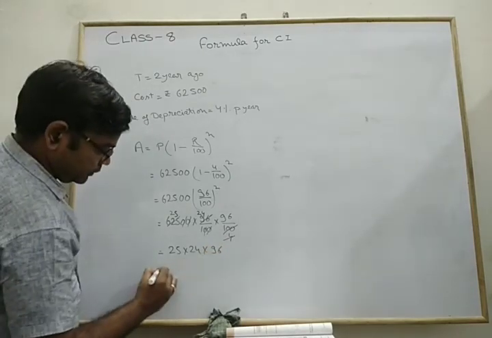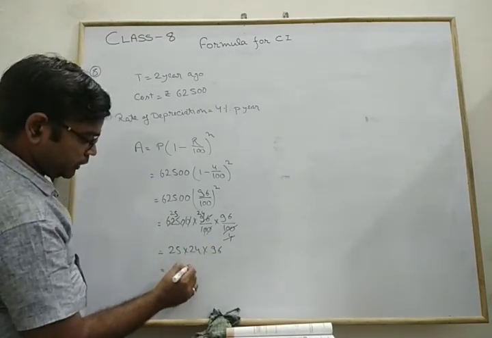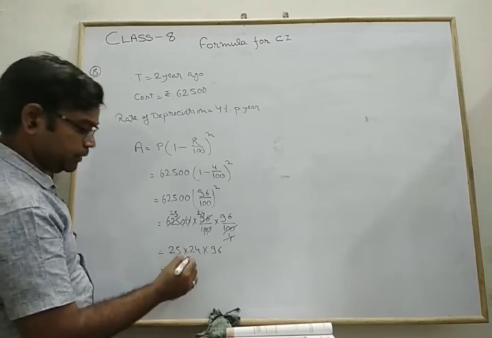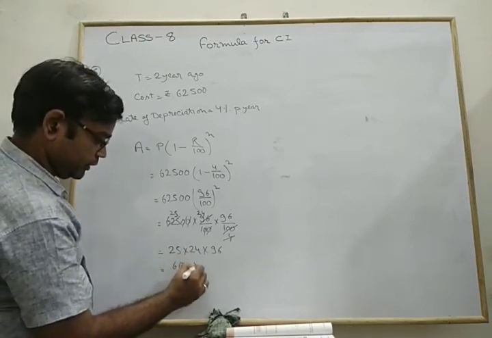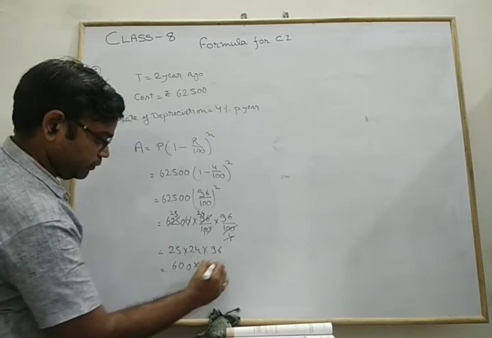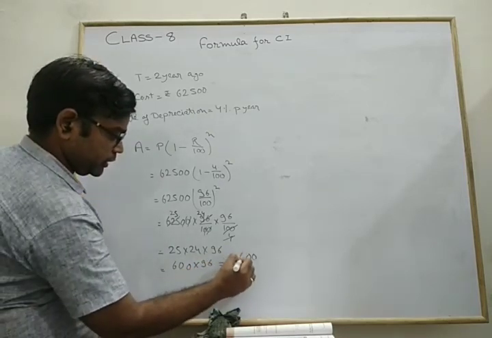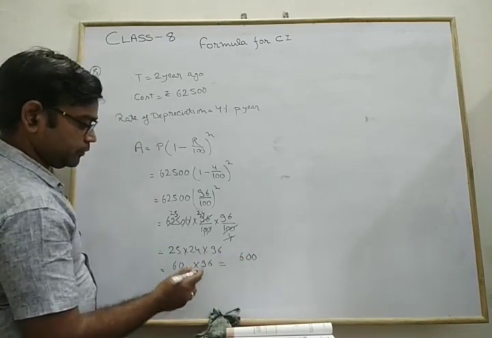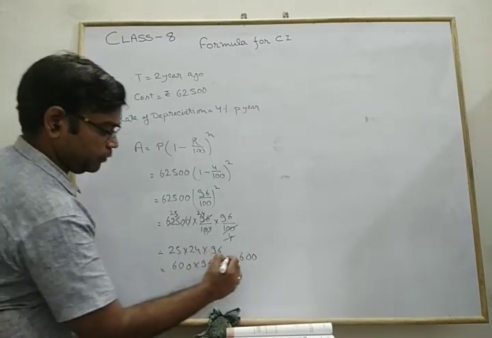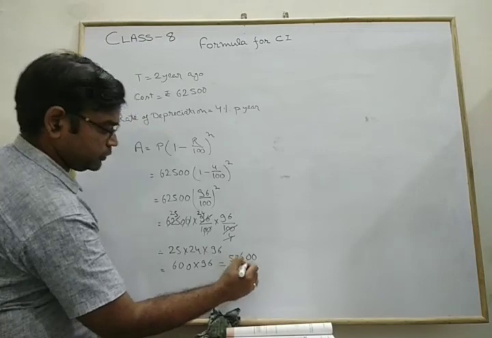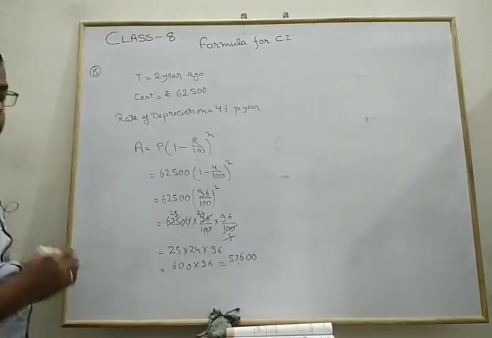When we simplify, it's 600 into 96, which is 57,600. So its present value is 57,600.